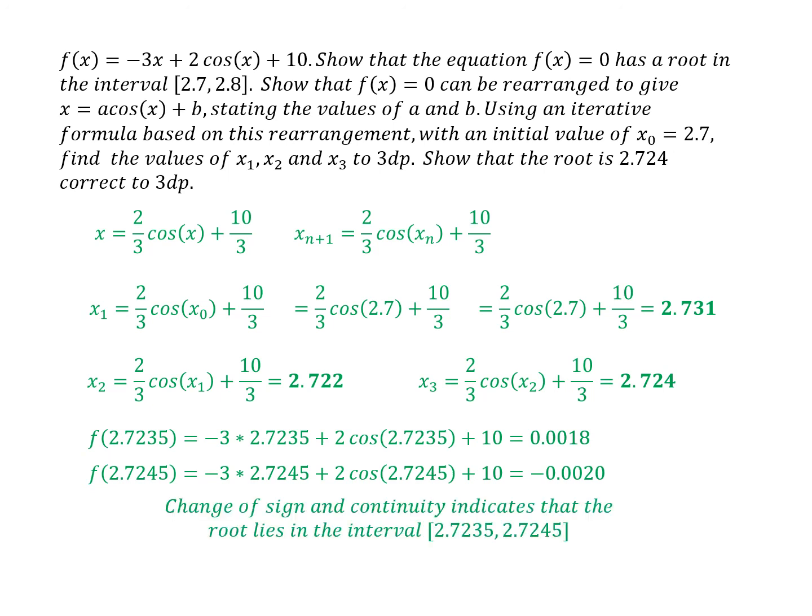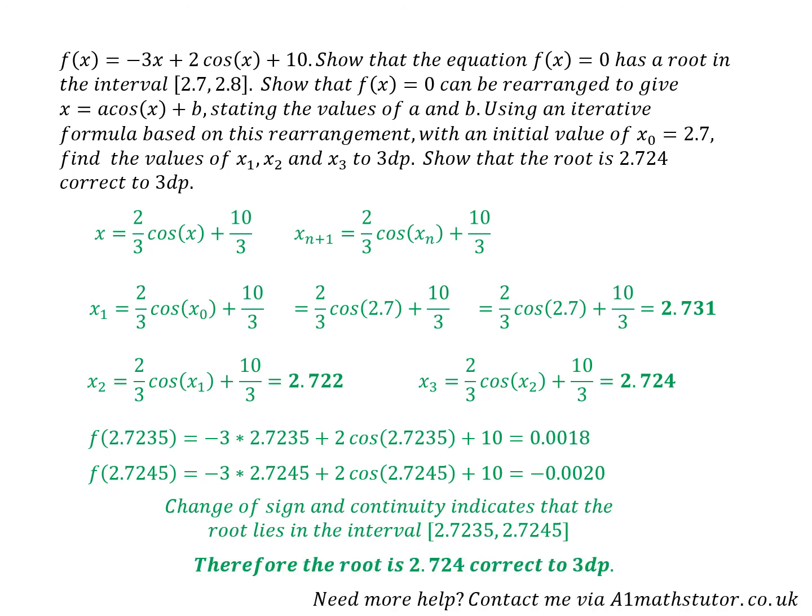And once again, mentioning the continuity angle as well says that the root must lie between those two numbers, and therefore the root is 2.724, correct to 3 decimal places. So numerical methods, numbers all over the place, but that's the point.